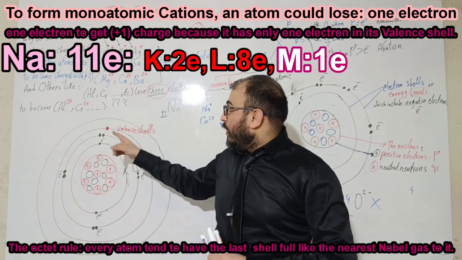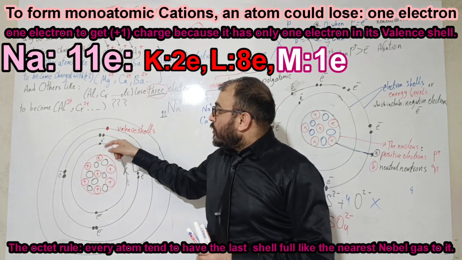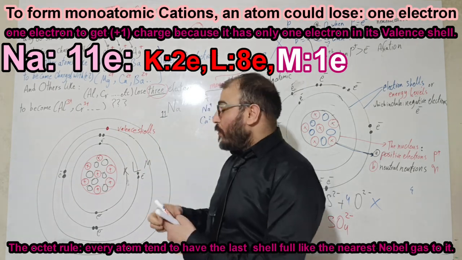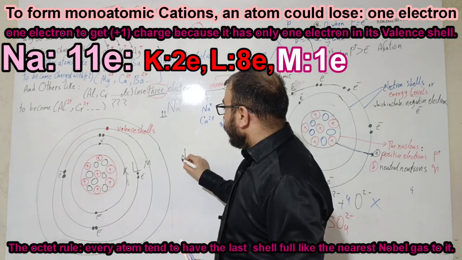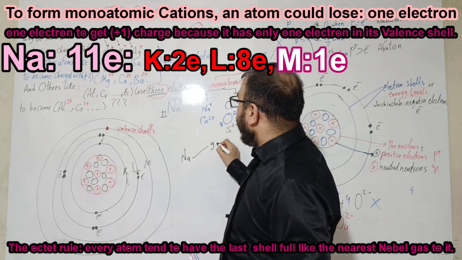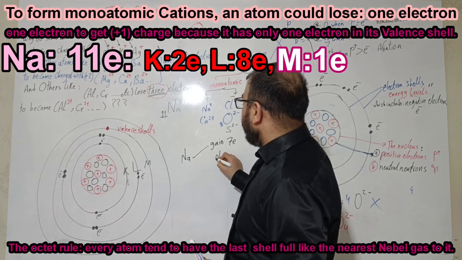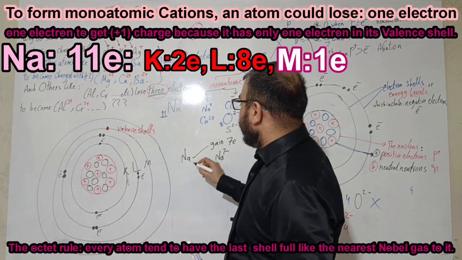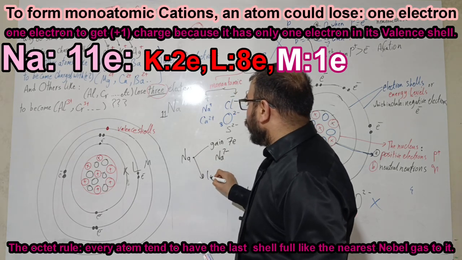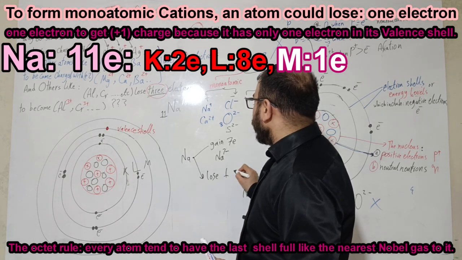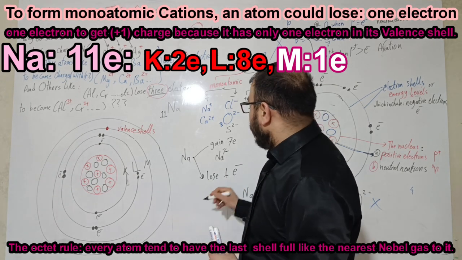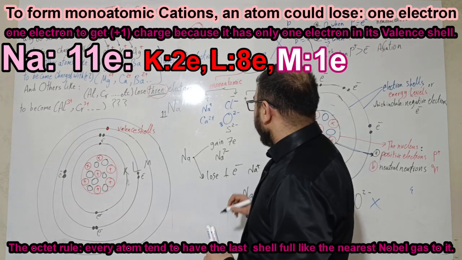The problem is that sodium has 2 options. The first option is to gain 7 electrons and become Na 7-, or to lose 1 electron and become Na+.